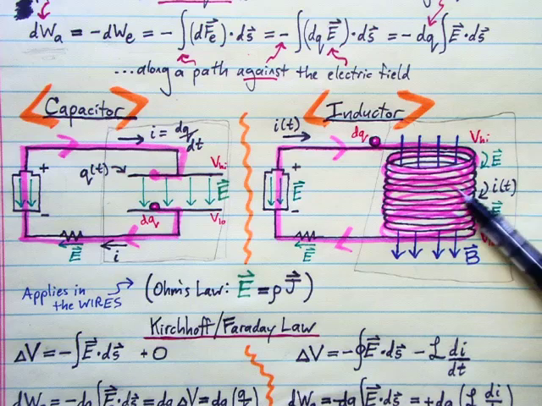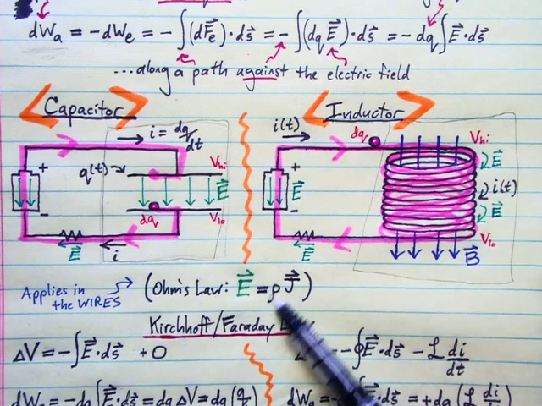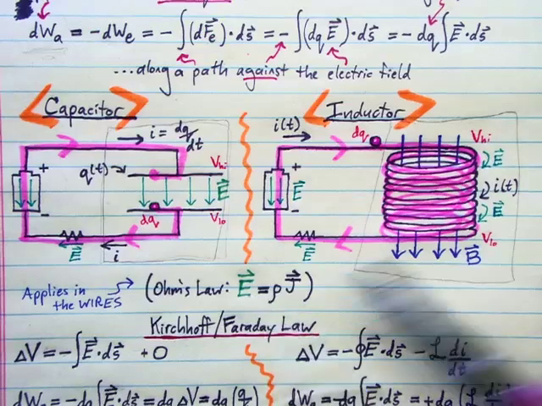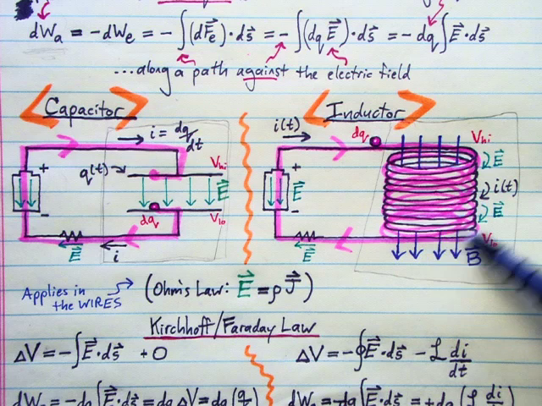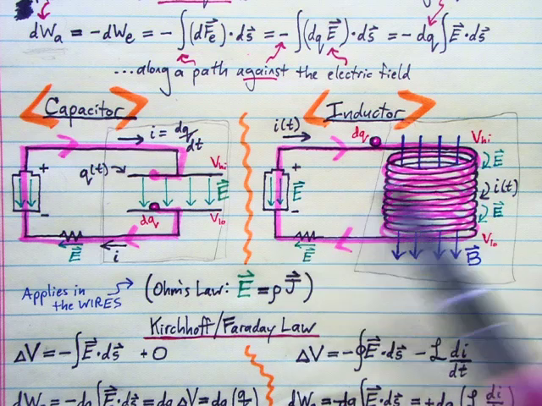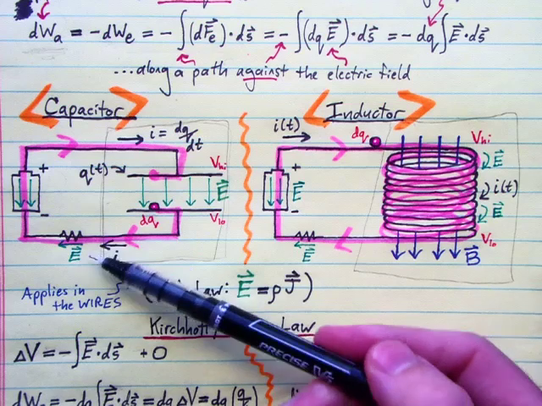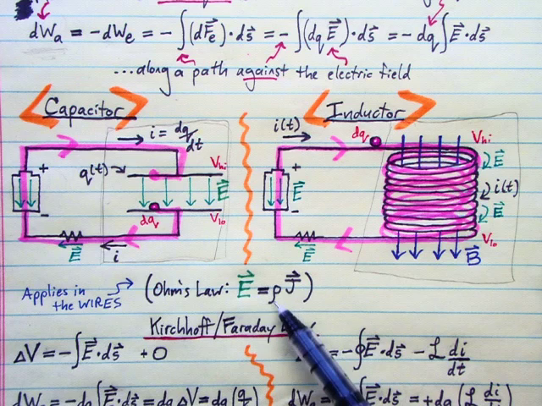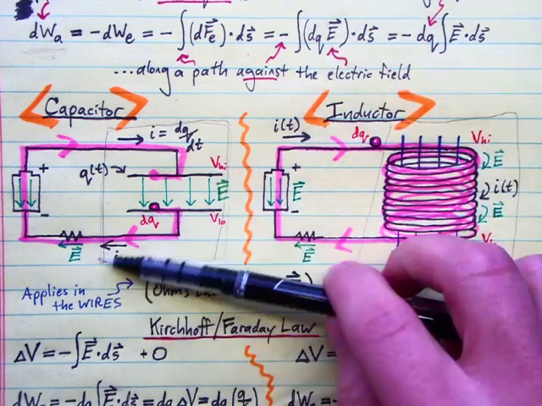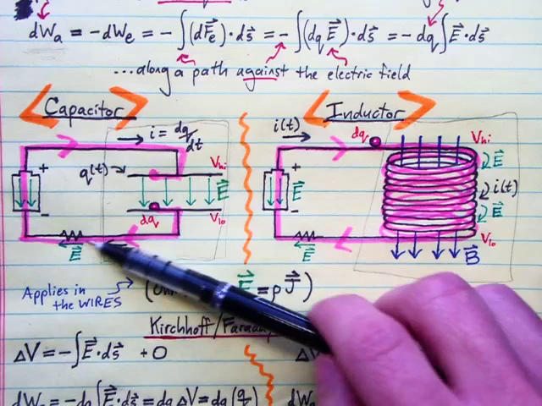So if these are low resistance wires, if our resistivity here is small, then this field will be small. So we're sort of moving with the field here, which shouldn't require any energy at all. Just like over here, there will be a small electric field pushing us through that resistor. Small electric field based on a small resistivity here. So that's moving us with the field. So that shouldn't require energy.